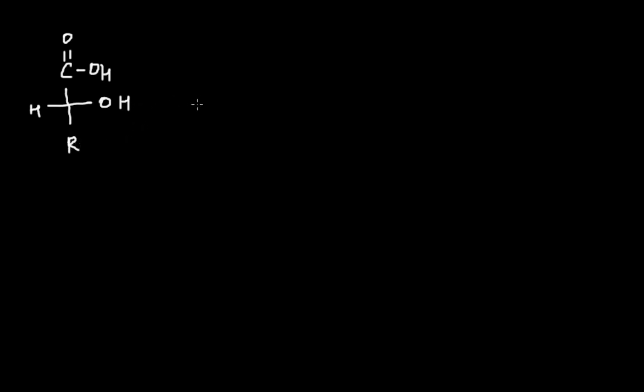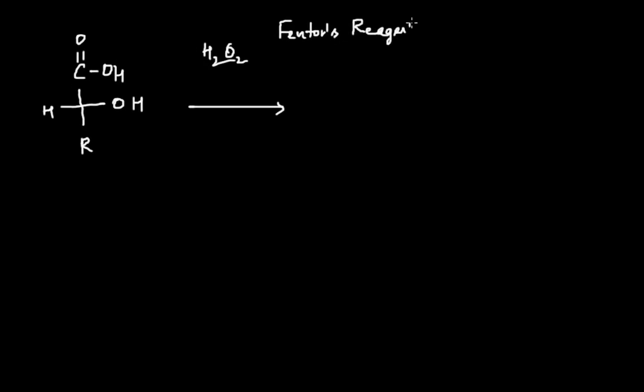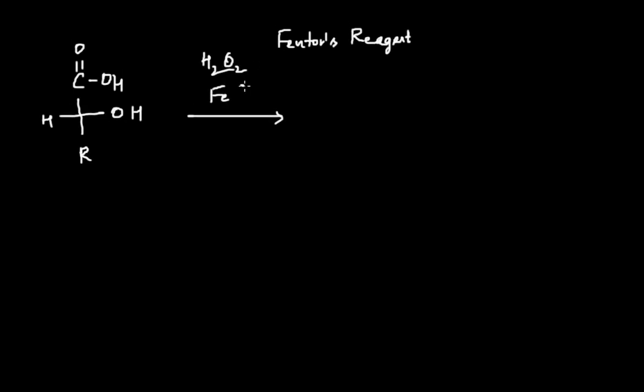Now you react it with Fenton's reagent. So Fenton's reagent is a solution of hydrogen peroxide and an iron catalyst. Typically, it is going to be your iron sulfate, FeSO4.